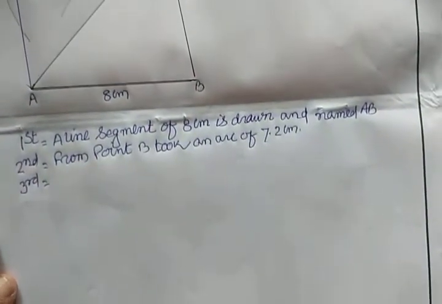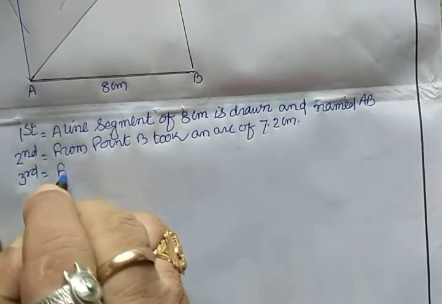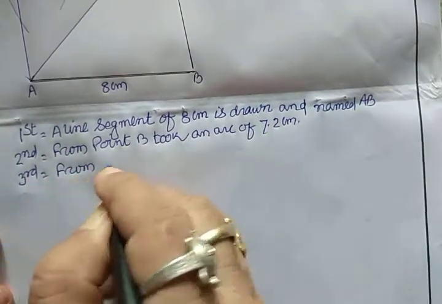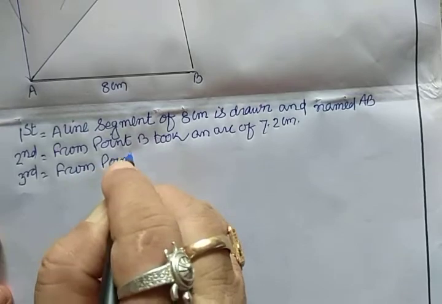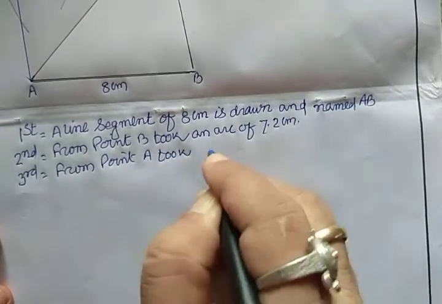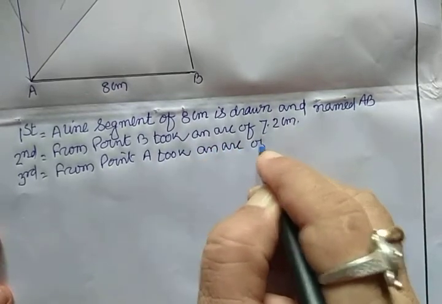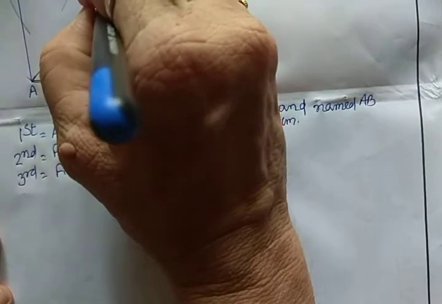What is the next step? Next step is from point A took an arc of 10 centimeters.